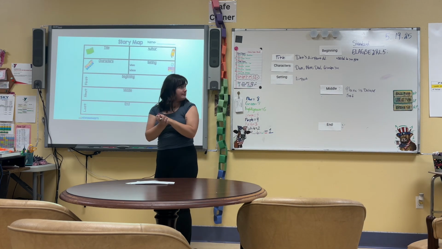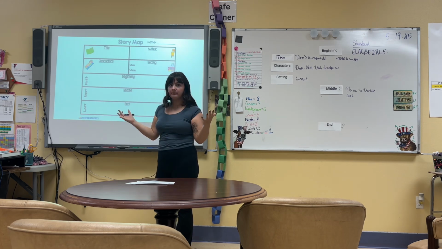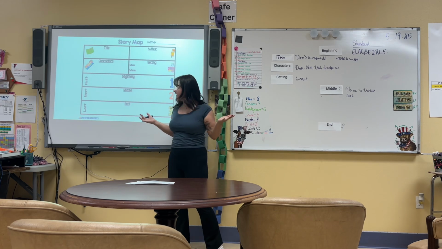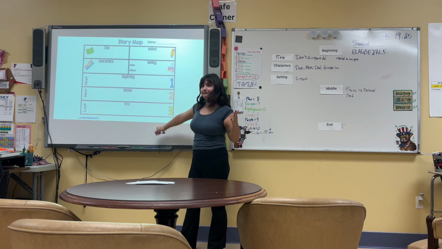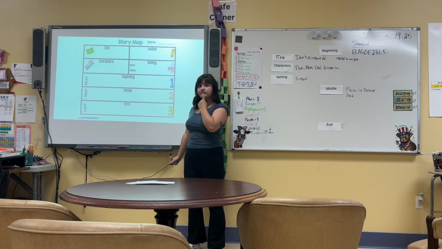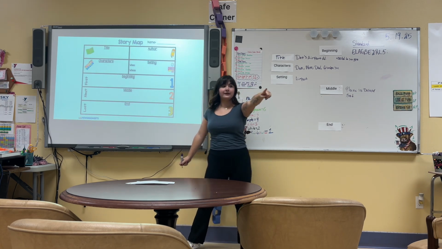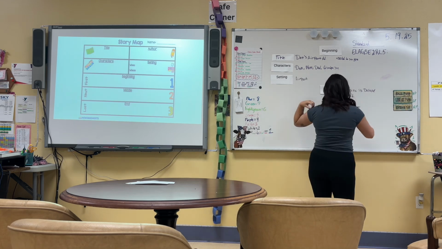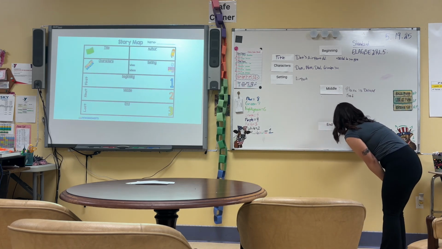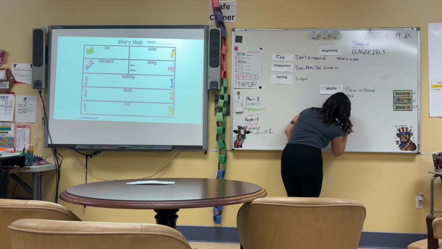Okay, now that we've discovered the middle, the plane is delayed, that's our problem, right? The plane is delayed. He can't see his Grandpa Joe. What's he going to do? The end of the story. Think hard. Raise your hand. Yeah, his dad and mom take him on an adventure.